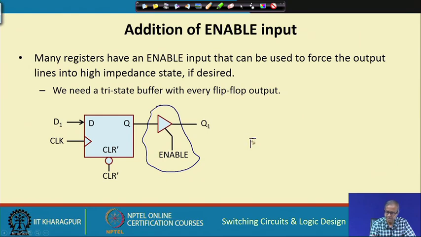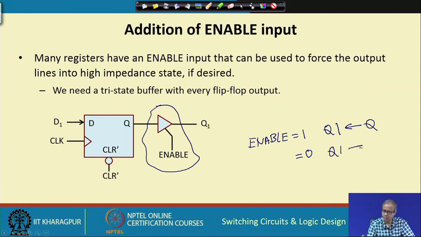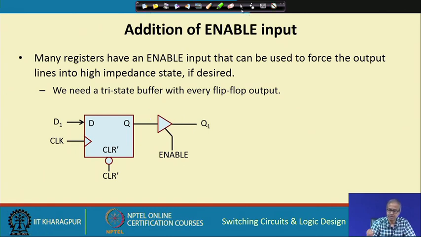What it does, if your enable is 1, that means you are enabling it, then the output Q1 will be getting whatever is there in Q. This is the normal mode of operation. But if you are not enabling it, enable equal to 0, then this output Q1 will be in the high impedance state, we denote it as Z. So, it is electrically isolated. This is the idea behind the enable.